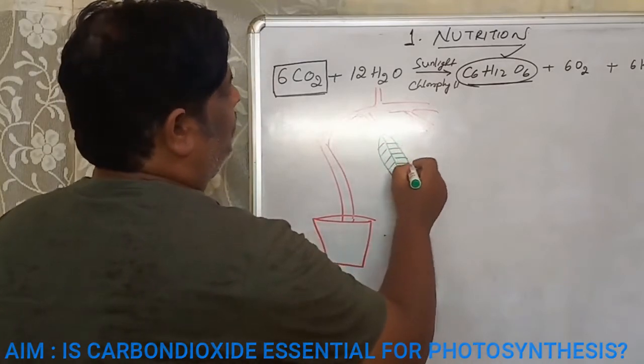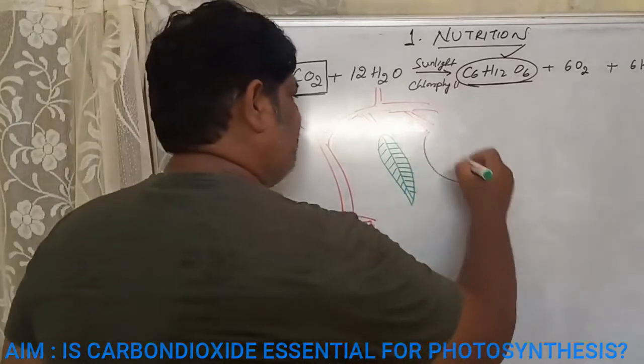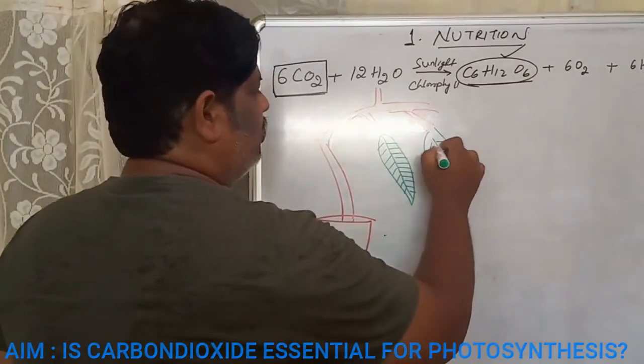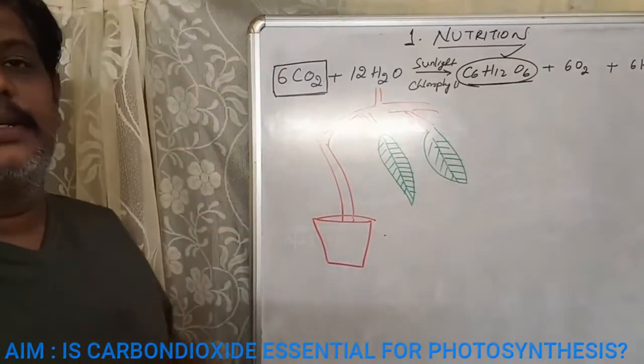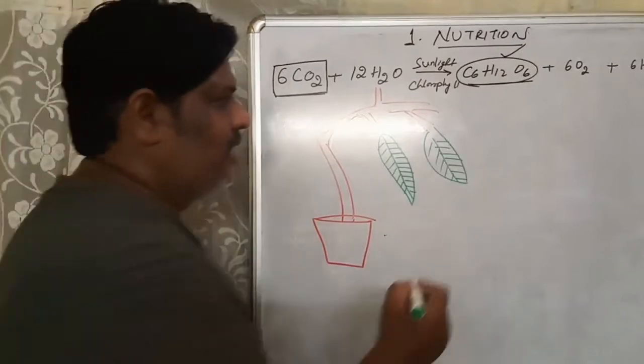You have to select such a plant, and this potted plant should also be kept in the dark for at least a week so that the leaves will get de-starched.